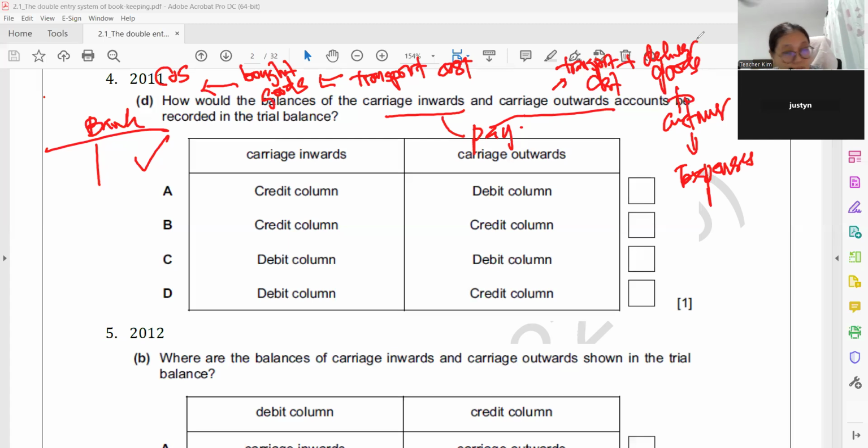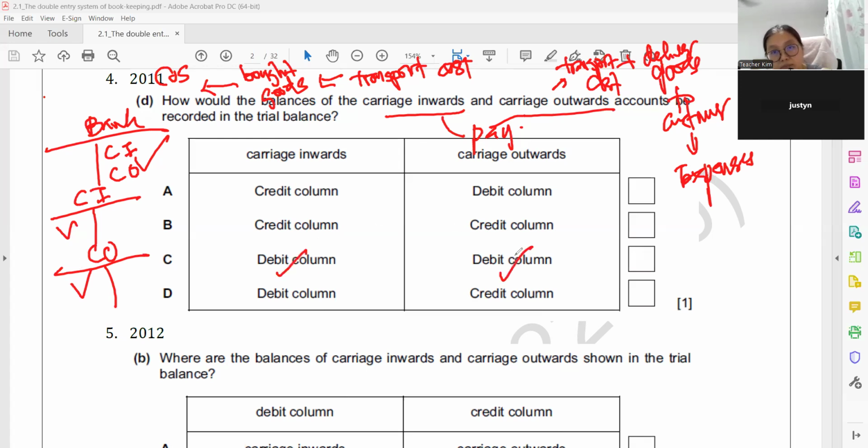No, the answer is not that. Both are sitting in the bank credit side. You have carriage inward and carriage outward, both on the credit side. So when you come to double entry, carriage inward and carriage outward have to be in the debit. So both in the debit column. C. Okay.